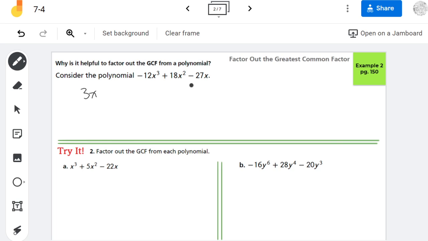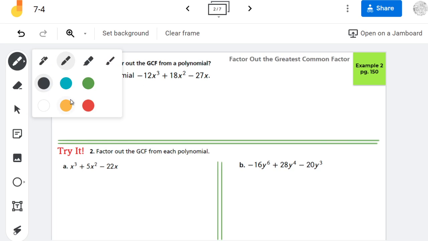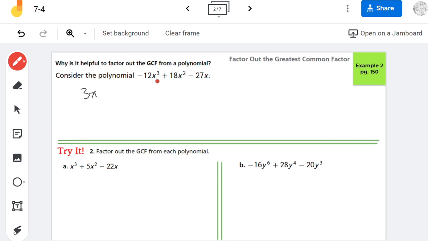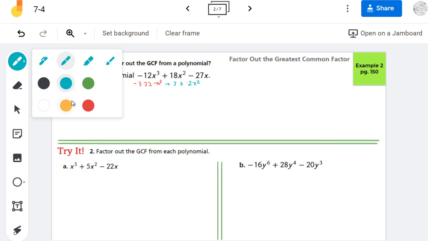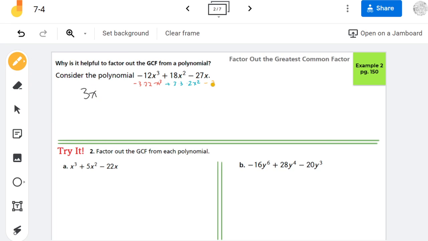Now, I can break this up using the factor tree if you want me to. I could show you it's negative 3 times 2 times 2x cubed. Like that might make it easier for some of y'all. And then the 27, 3 times 3 times 3x.